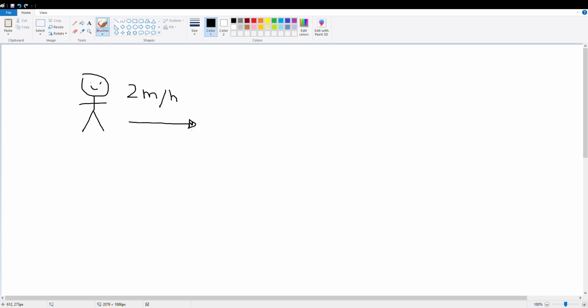In this case, since I mentioned how if the question never mentions what the reference frame is, the ground is the reference frame by default, John's reference frame is the ground.